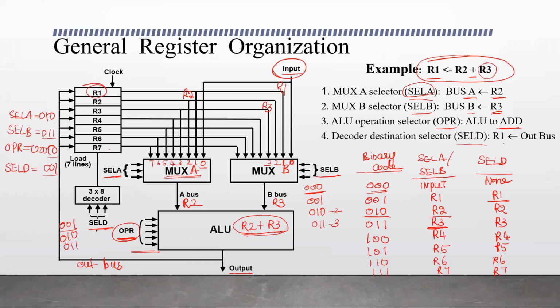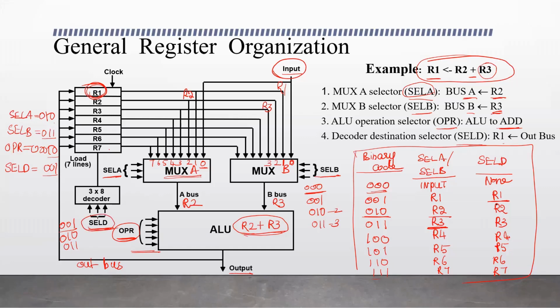What is the destination register here? The example we have taken is this. The destination is R1. So the decoder has to select register R1, right? From the destination registers for storing back the result, the decoder has to select R1. That is controlled by SELD, the selection input D.